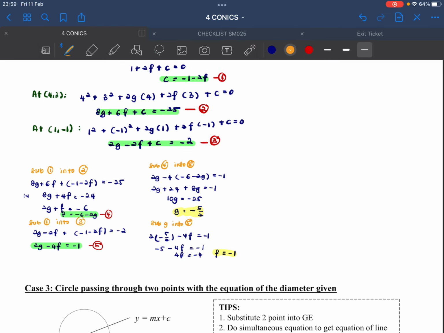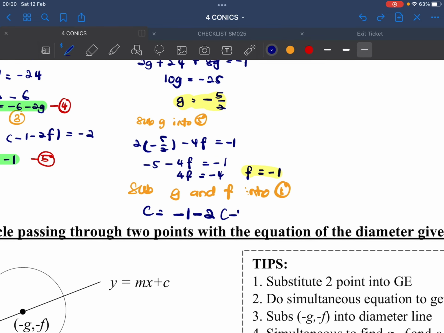Substitute g and f into equation 1. So we have c equals negative 1 minus 2f, which is negative 1 here. So we have negative 1 plus 2, which is we will get 1. So that is our answer for c.